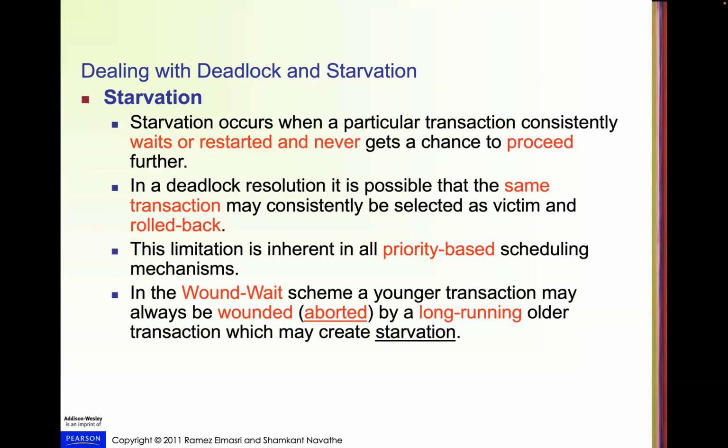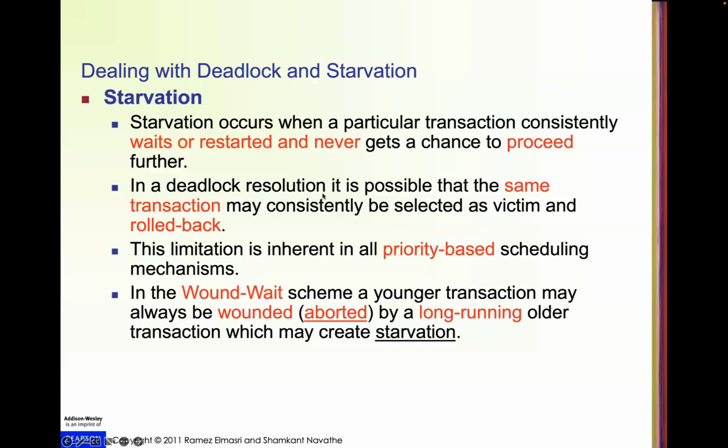Starvation means your transactions are becoming hungry for a data item to work on, and they're waiting for a very long time. So starvation occurs when a particular transaction consistently waits or is restarted and never gets a chance to proceed further. Then the transaction is said to be starving because it is not proceeding further, or it is waiting for a long time.